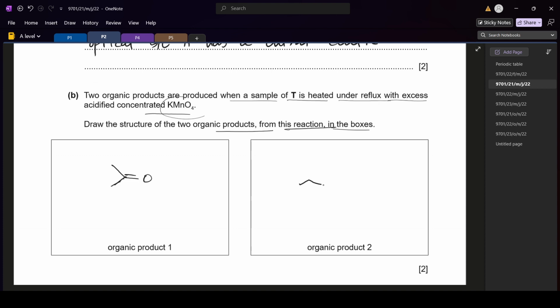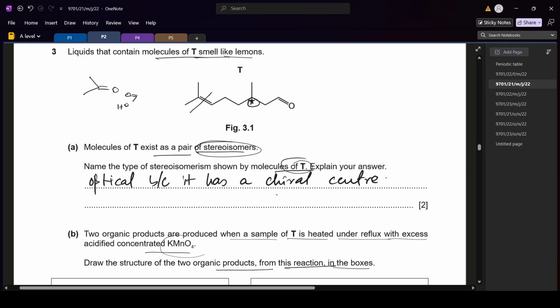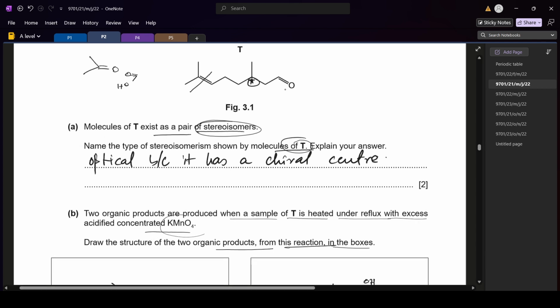Okay, like this. Okay, KMnO4 will oxidize T. This will also oxidize the aldehyde group here. Okay, this will form aldehyde to carboxylic acid.